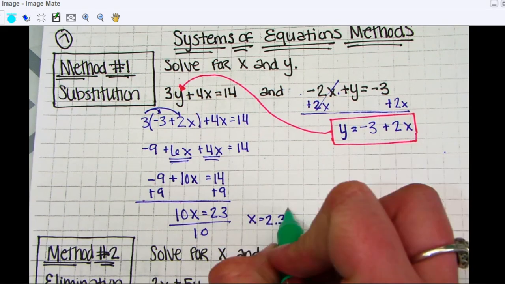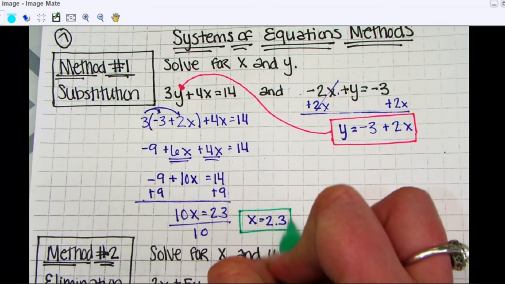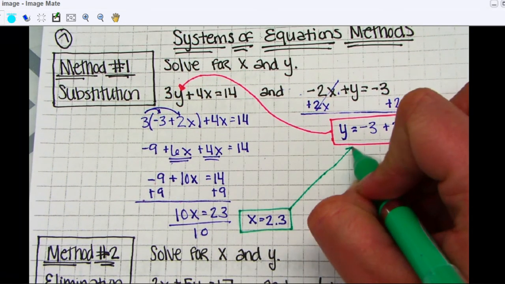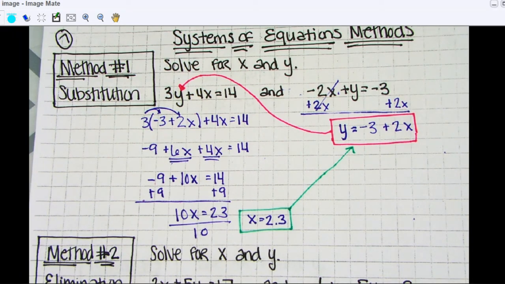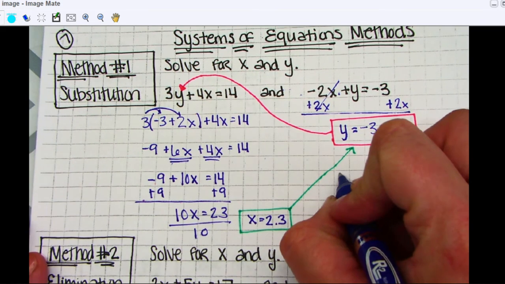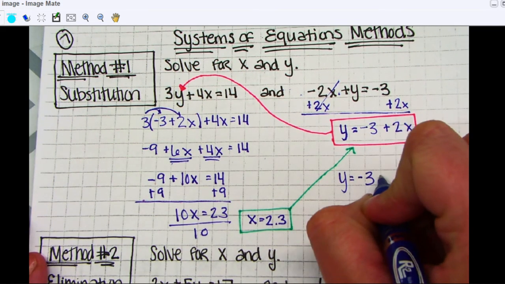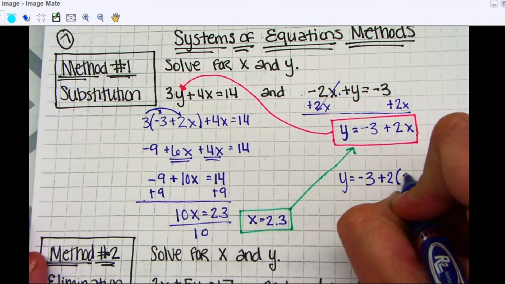So I'm going to take the x value and plug it into this equation. So it's called substitution because you isolate one variable, sub it in, get an answer, sub that answer into the other equation. It's basically like a big circle. So when we substitute, we get y equals negative 3 plus 2 times 2.3.